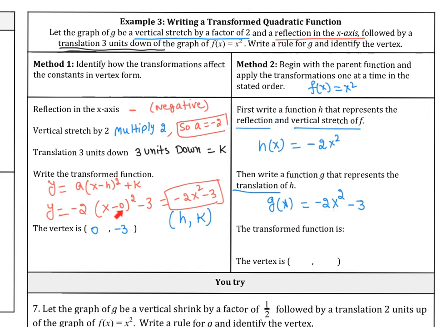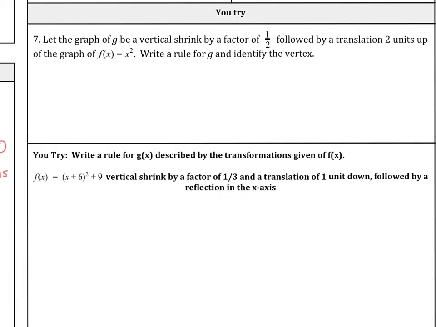You can either write 0 for h, or avoid writing it, because it doesn't really matter. For the vertex, you see what h is. h is not there, so it's 0, and k is negative 3.